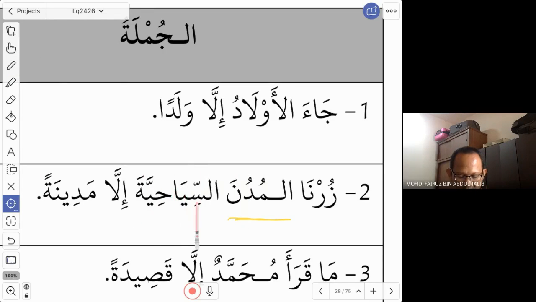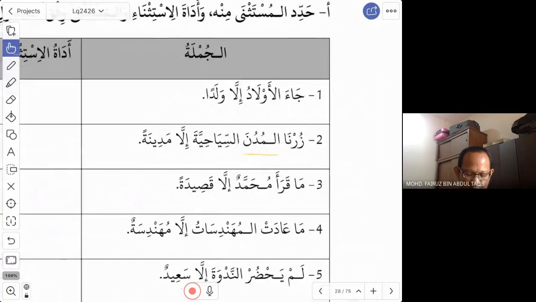If you remove it, it does not affect the sentence: zurna al-muduna illa madinatan. So this is the mustasna minhu. Which group does this belong to? Group 1, because it is musbat, no ma, no la, and the mustasna minhu is mentioned. Therefore the word madinah is always mansub. That is why we say madinatan and not madinatin or madinatun.